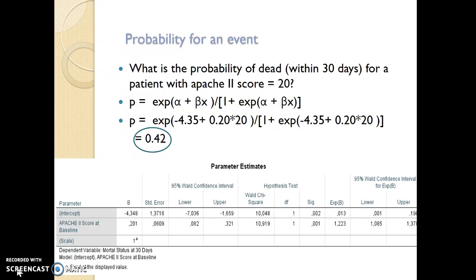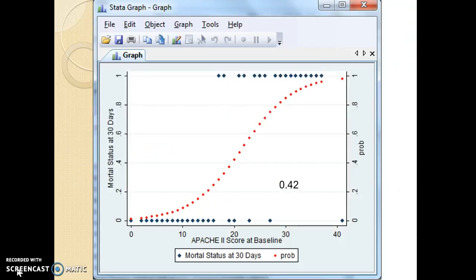This means that a patient with the Apache 2 score 20 has the probability 0.4 to die within 30 days. This picture shows the graph of different Apache 2 scores and the probabilities computed for each of those.